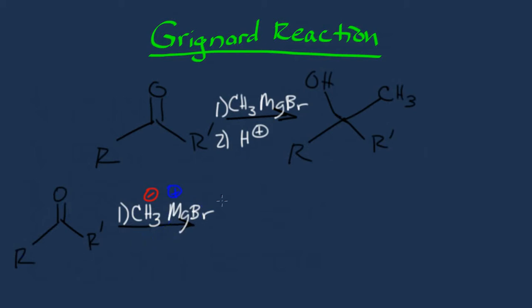So how does this magnesium bromide, CH3, all this junk turn into our product? Well, the first step, we need to recognize that over on our ketone species, we have a very strong partial positive charge because this oxygen is pulling all of the electrons up closer to it, because it's more electronegative and it can accommodate more of a negative charge, and all of that other good gen chem stuff.